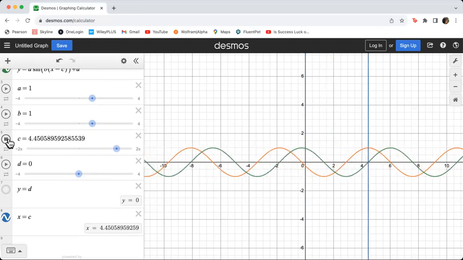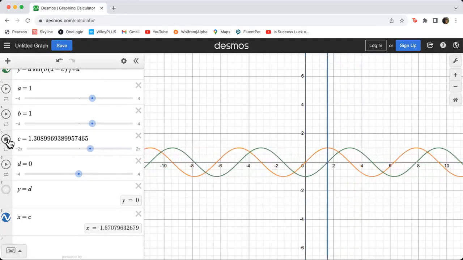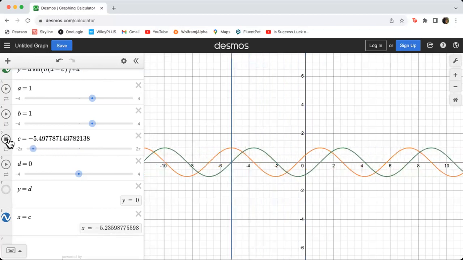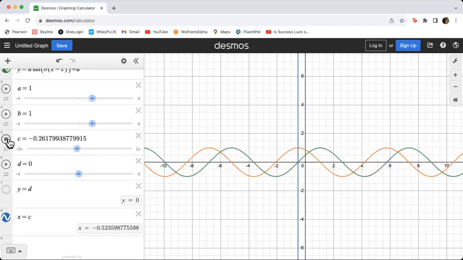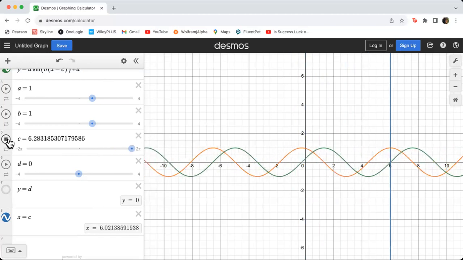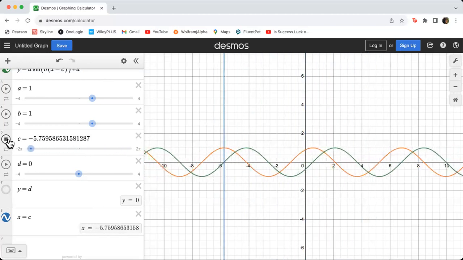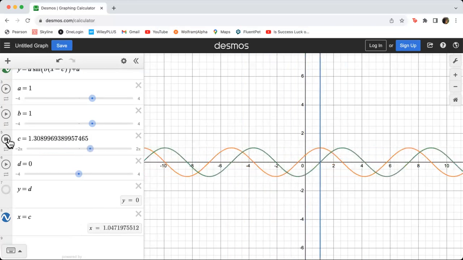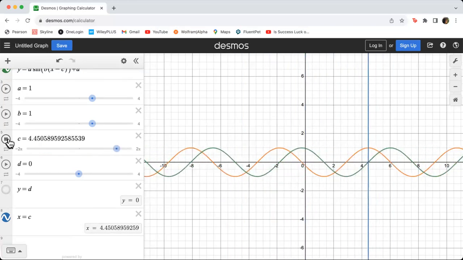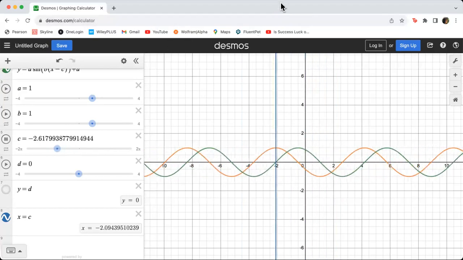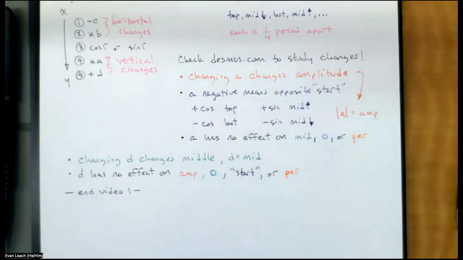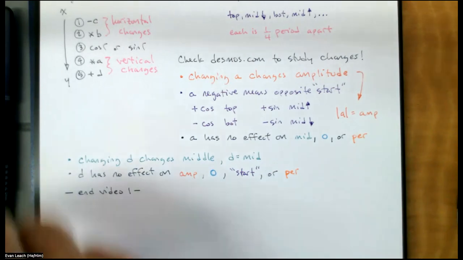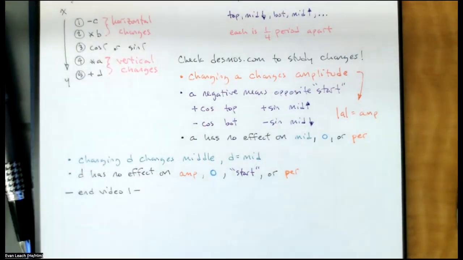So it looks like C is shifting the graph left and right, a horizontal change like we expected. And the part of C that shows up is where that starting point is going to be. It moves the starting point off of 0. So that's how we're going to think about that one. Changing C moves the starting point off of 0.